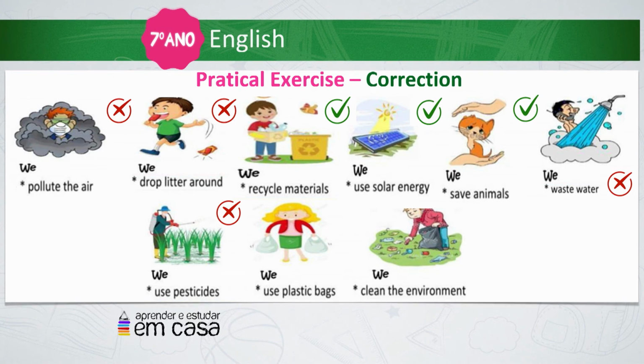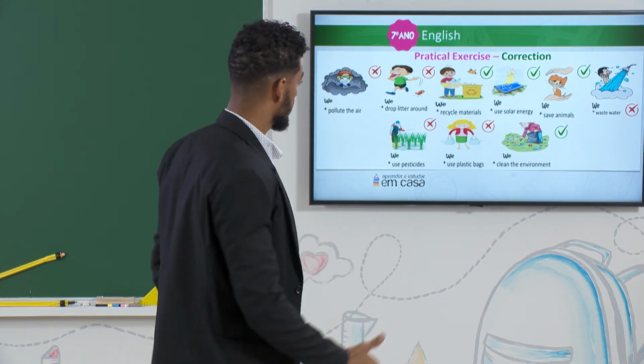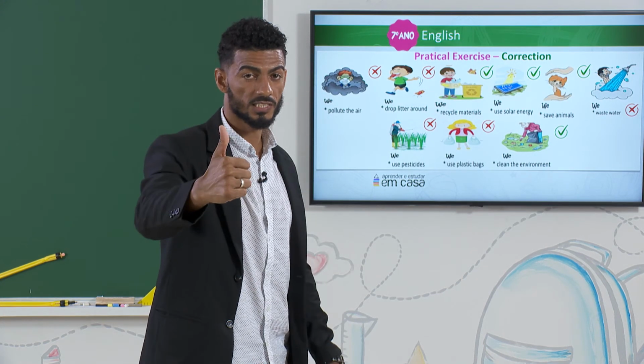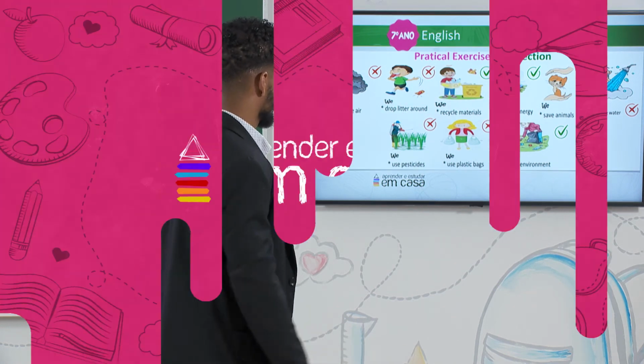Is it a good or bad one? Can you say it again? Cool. It's a bad action. The last one, clean the environment. Is it a good or bad action? Cool. Is it a good action? You did great.